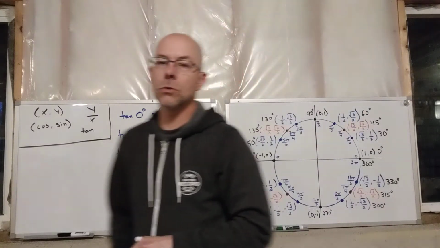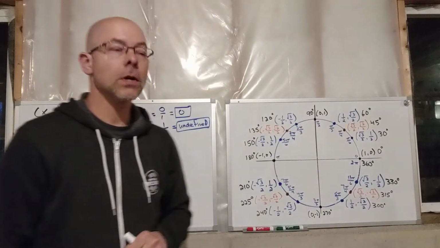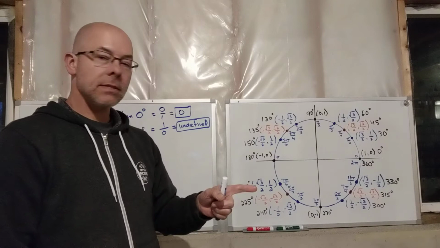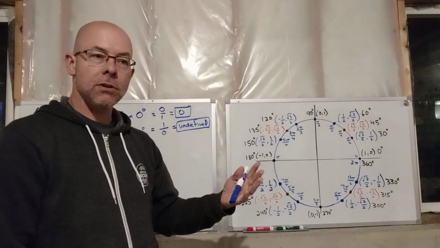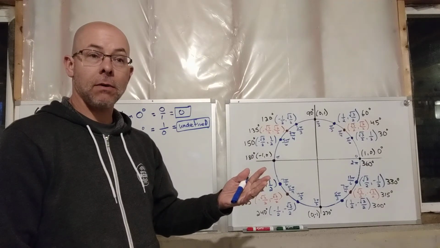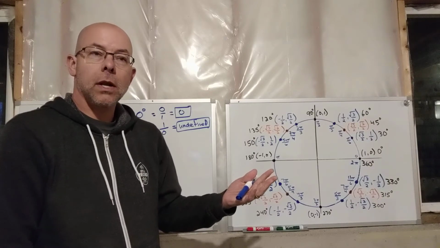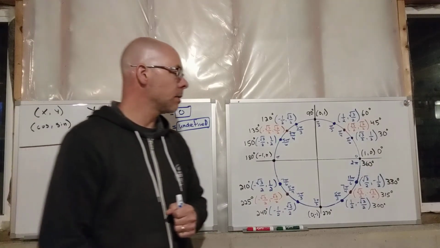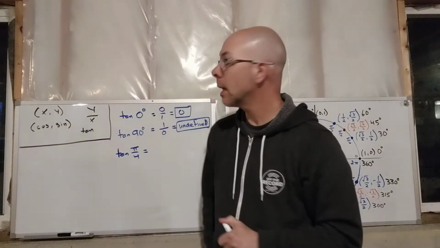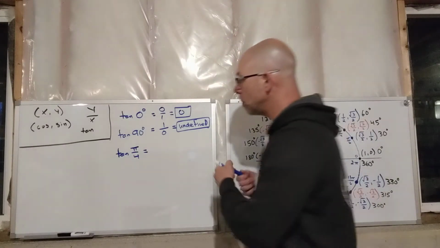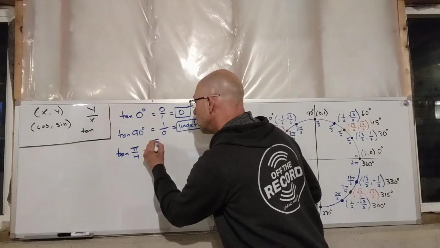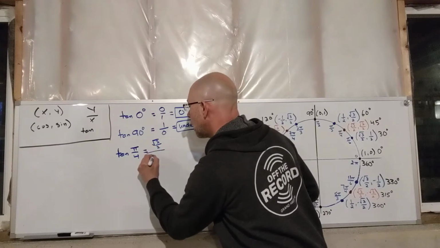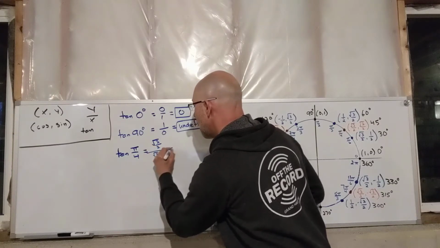Now, I know they're square root of 2 over 2, and they're fractions. Oh, my gosh. But if you ever divide two numbers that are the same, I don't care what they are, the answer is 1, except 0, of course. 0 divided by 0, can't divide by 0 no matter what. But you'd be doing the square root of 2 over 2 divided by the square root of 2 over 2. That's 1.